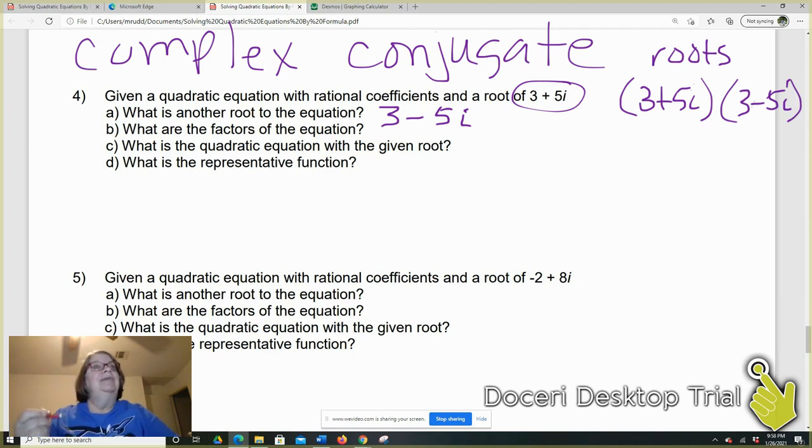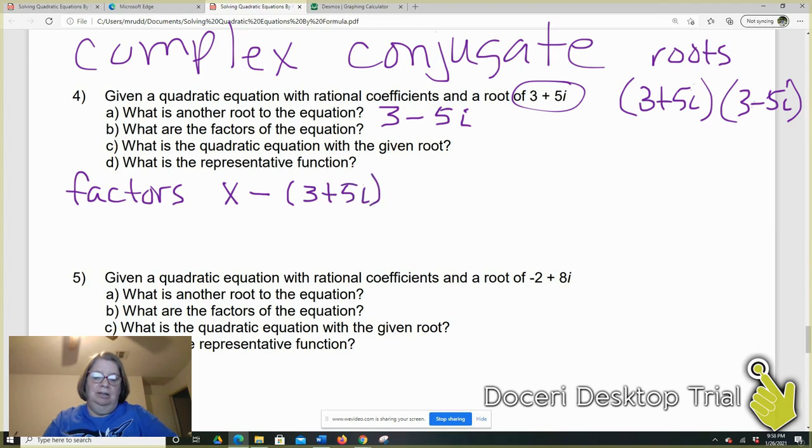Remember, solutions and factors, we would flip the sign. So our factors are going to be x minus 3 plus 5i. Think of this as 1 unit, and it was positive, so we flipped the sign in the factor to negative.